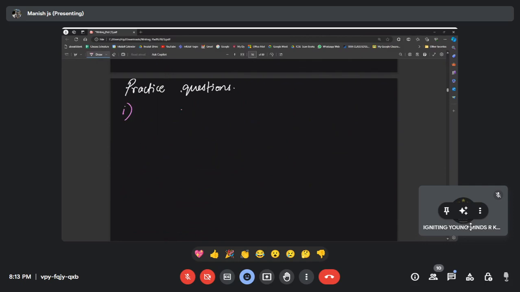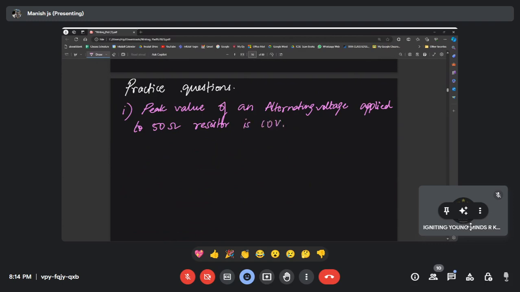The peak value of an alternating voltage applied to a 50 ohm resistor is 10 volts.